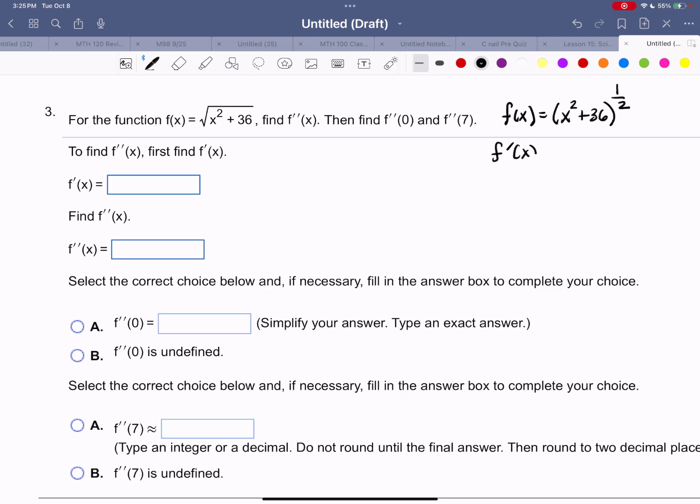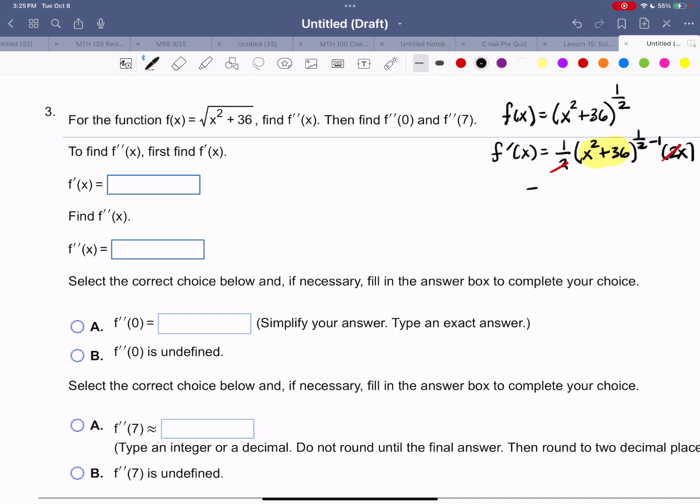So f prime of x is power 1/2 base 1/2 minus 1, derivative of the base 2x. That's a chain rule. Since this interior has a derivative, you've got to chain that on. I see a 2 in the bottom and a 2 in the top.